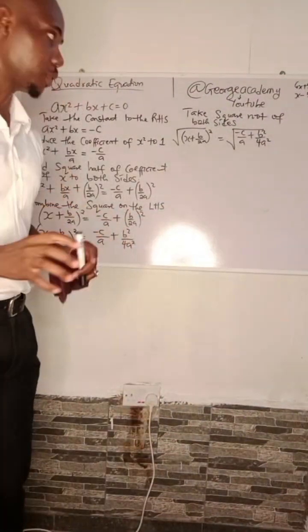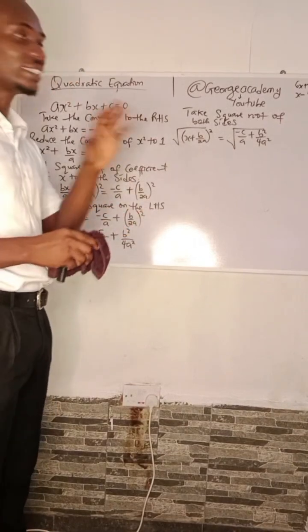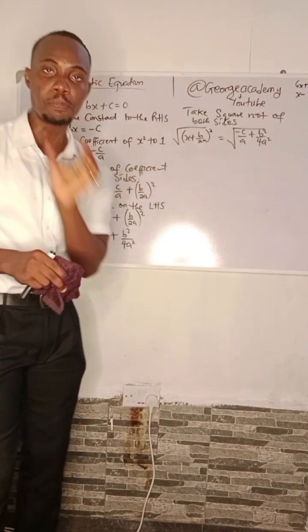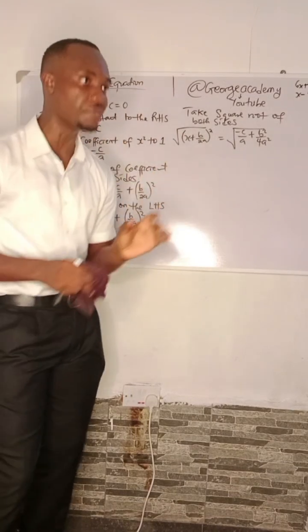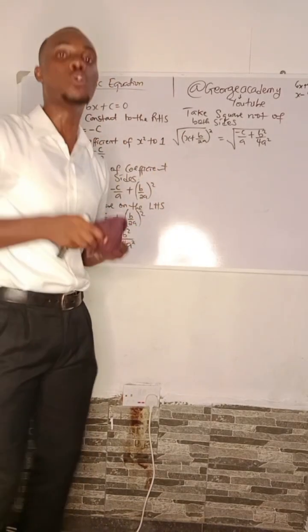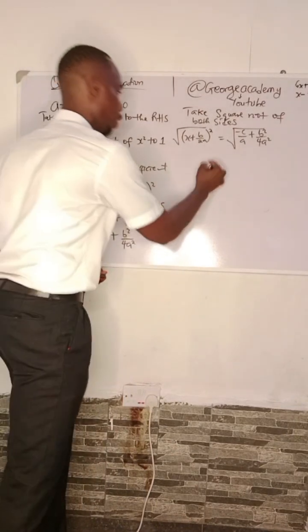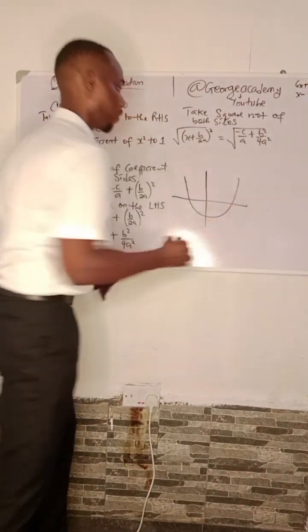Please take note of something. Anytime you are taking the square root of a number, you are actually getting the positive value and the negative value. But most times we only take the positive value.